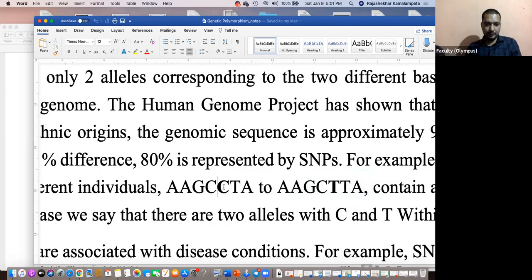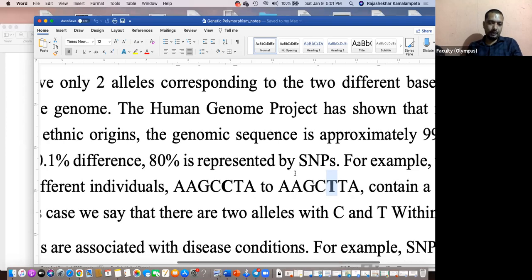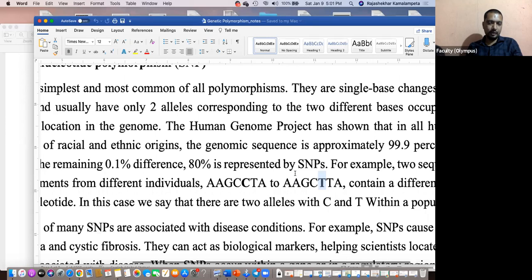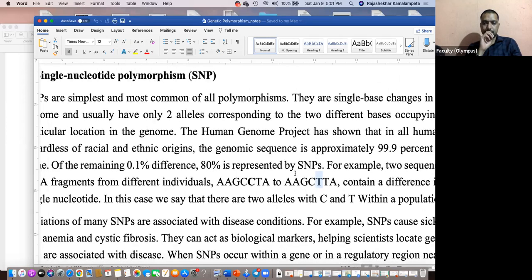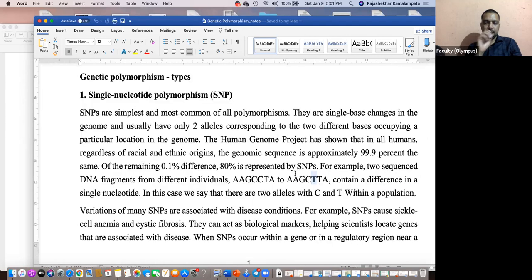The one in bold. Instead of C, there is a T here. Like that, out of the whole sequence, of course not in the entire genome, at different locations we may find one nucleotide change, which is the most common form of polymorphism. In this example, there are two alleles, one with C, another one with T.